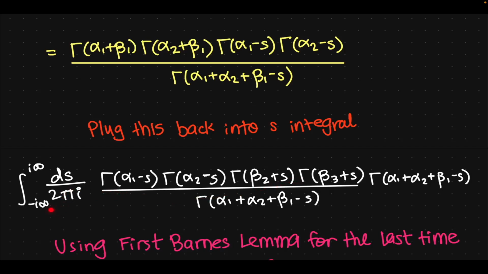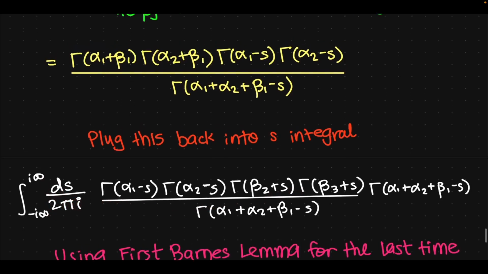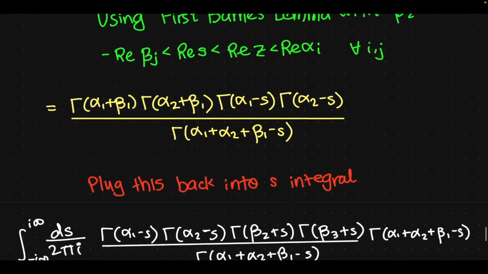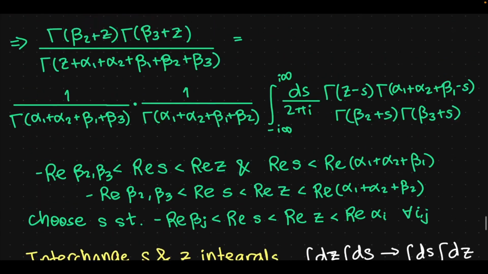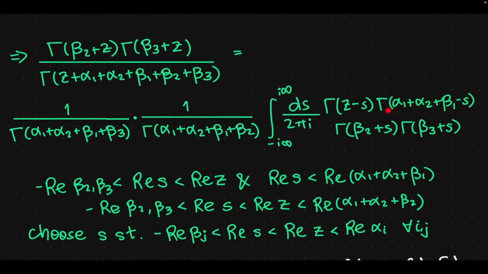So we have integral minus i infinity to i infinity ds over 2 pi i. So if we go back, this was by collecting all the Z terms. We left out the S terms, which did not have any Z dependence on them.